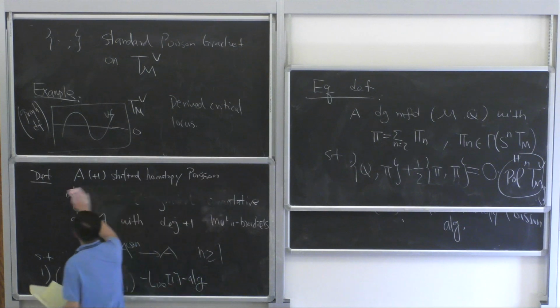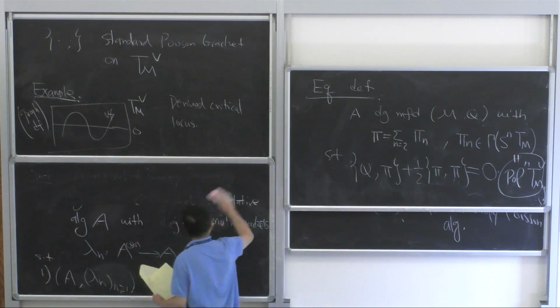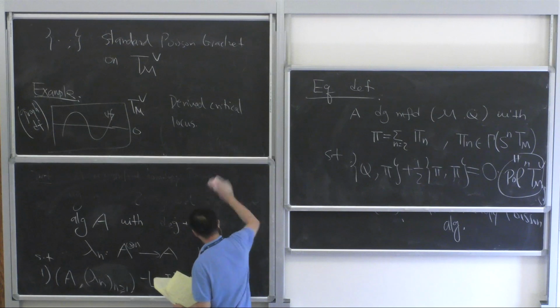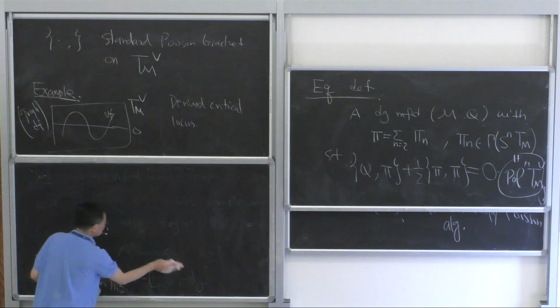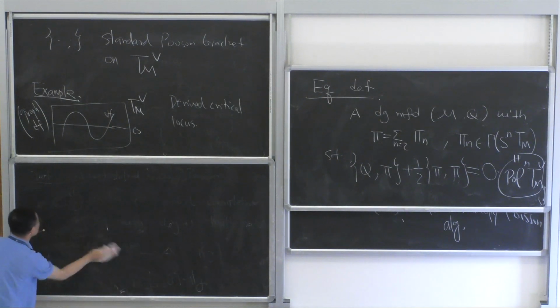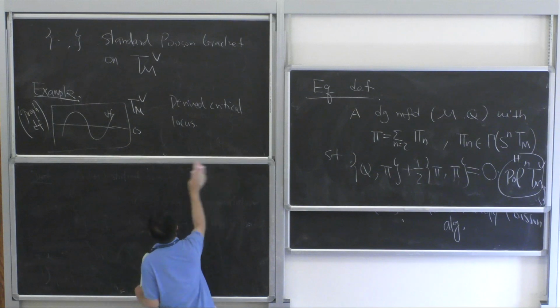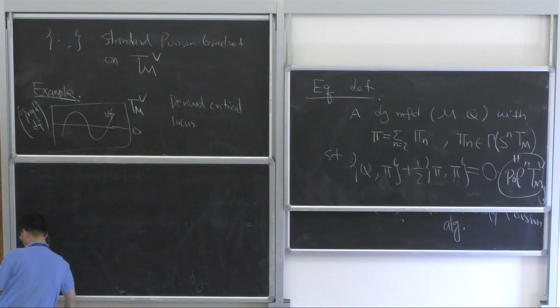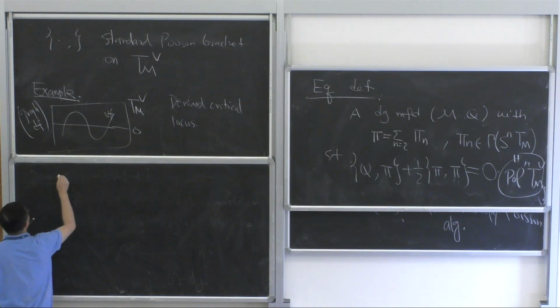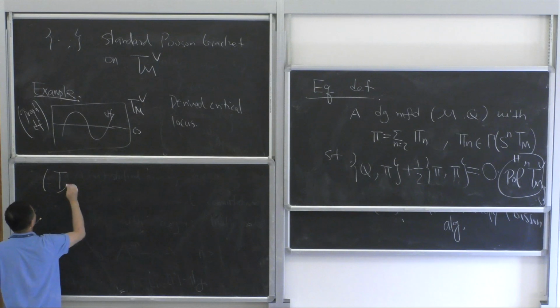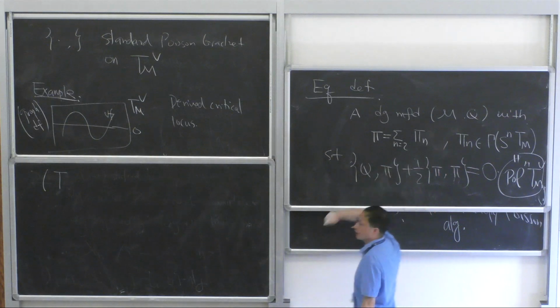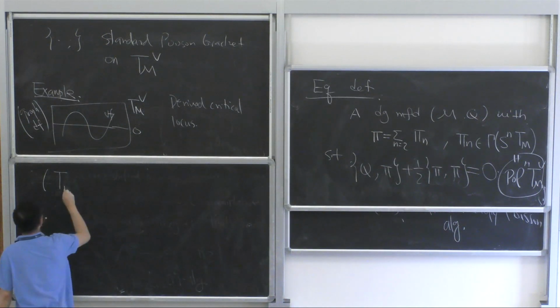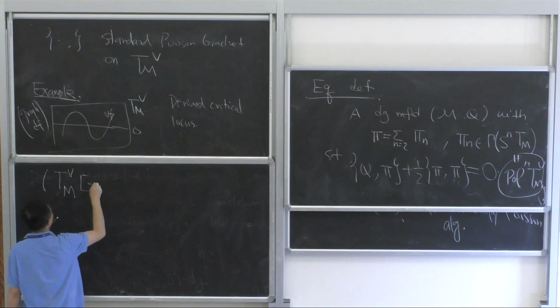Both are Lagrangian. And then the ambient space, this Z-graded manifold, this curly M, in this case would be T*M shifted by -1.